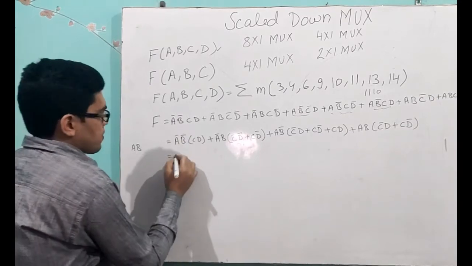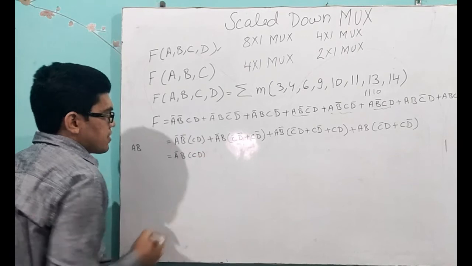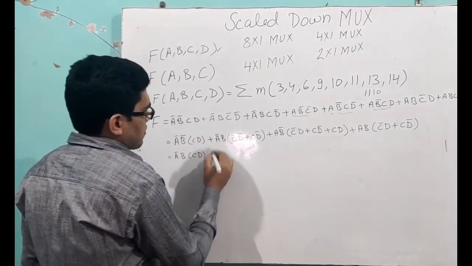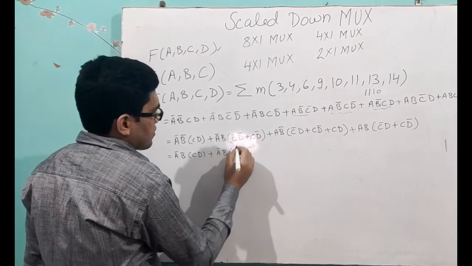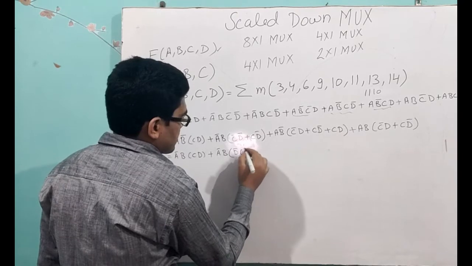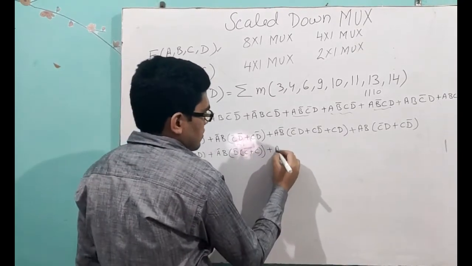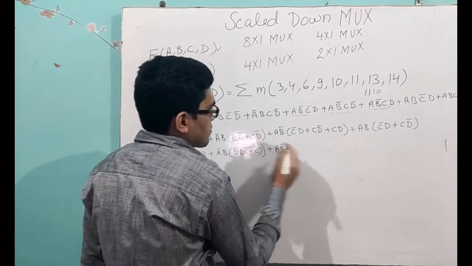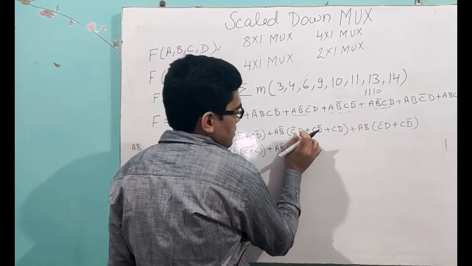Okay, let's move. A bar B, this is already minimized, so I write it only CD, plus A bar B. D bar is common, so what is left? C bar plus C, plus A B bar. So you can see this and this.